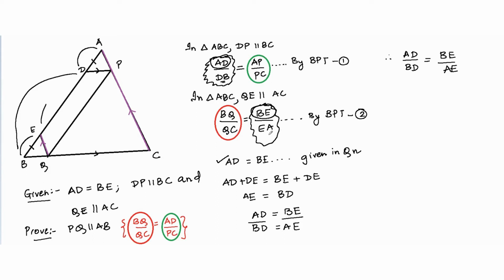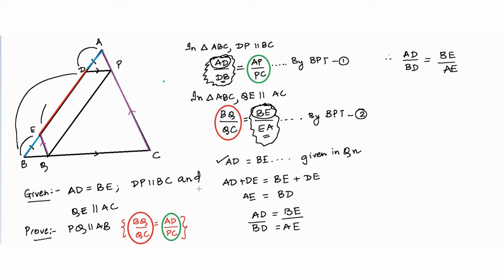Now I am comparing DB with EA. So if you think about it, DB is composed of two parts. One is DE and the other is the length BE. And BE and AD are equal to each other, right?